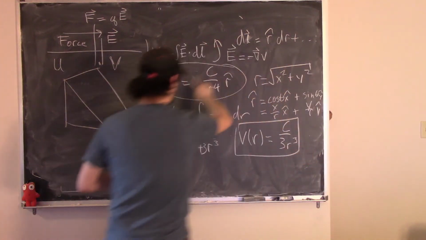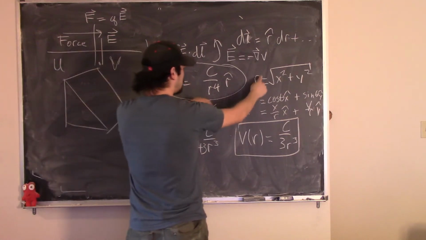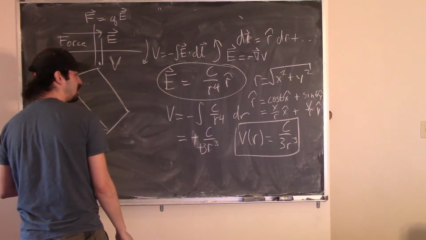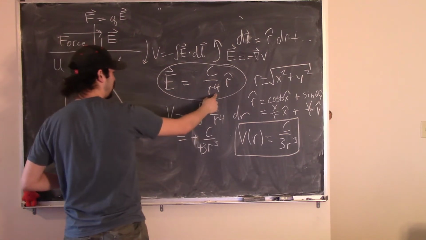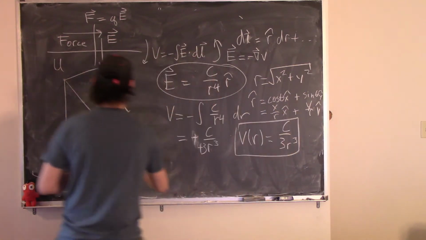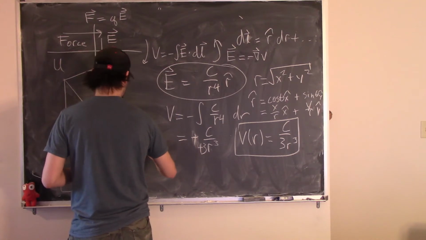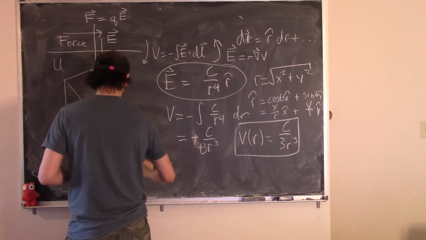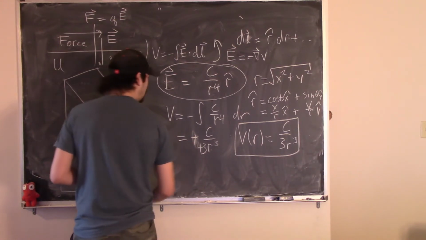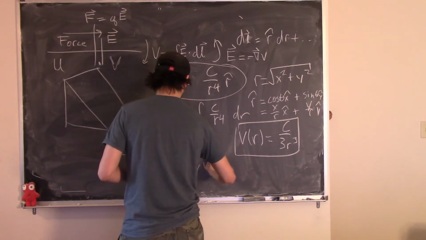And so the punchline in the end here is to say that I can put these two things together with this equation, and that's going to give me an r to the fifth divided by 2 with an x hat and a y hat. And so this electric field in the end is going to be c divided by x squared plus y squared to the 5 halves times x hat plus y hat.